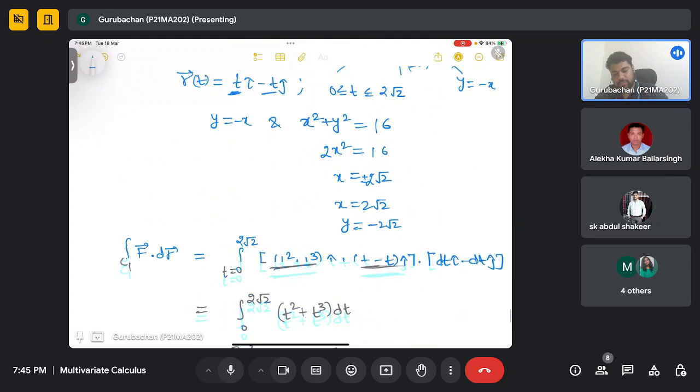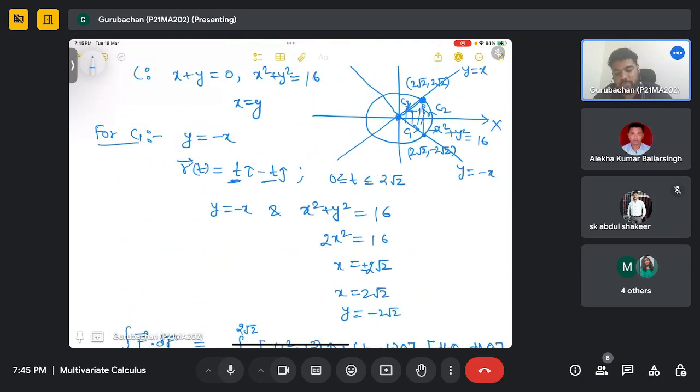So for the C3 curve, the parameter form will be x equal to 4 cos t and y equal to 4 sin t. Now tell me what t varies from. What is the angle of y equal to x? It makes 45 degrees about the x axis, sir. 45 degrees, and similarly the downward one will be negative pi by 4.